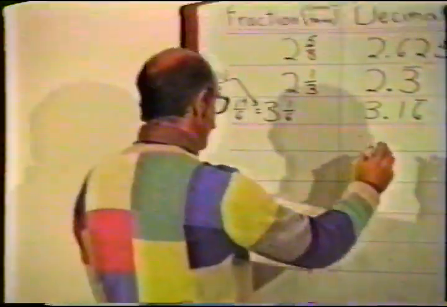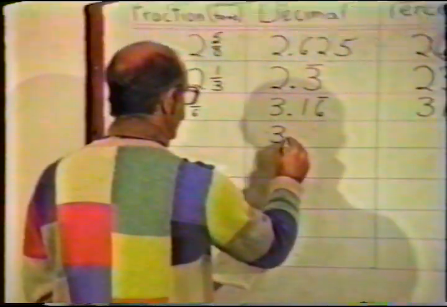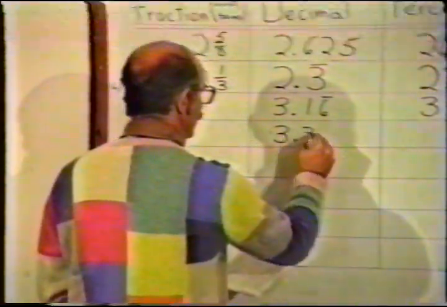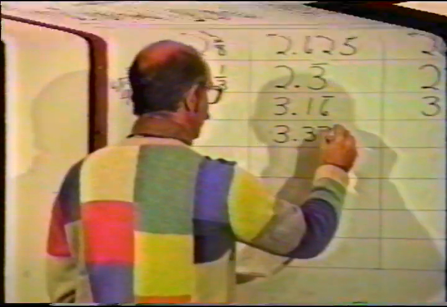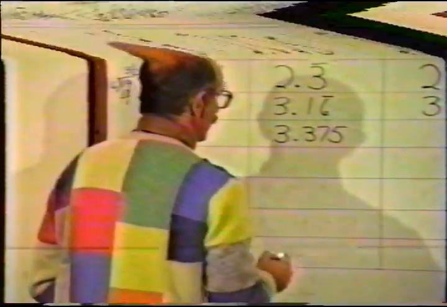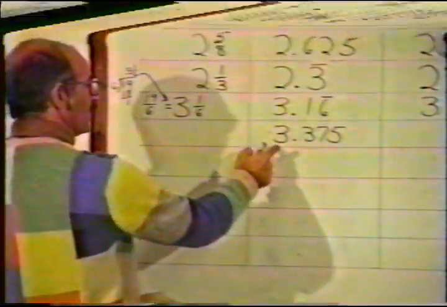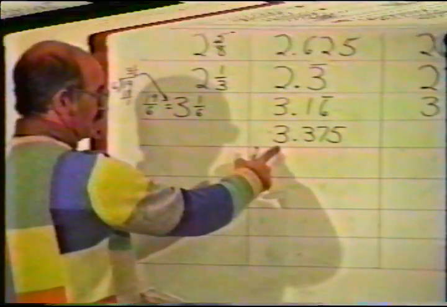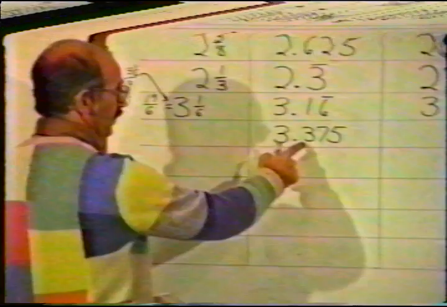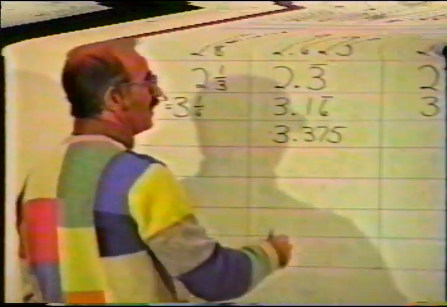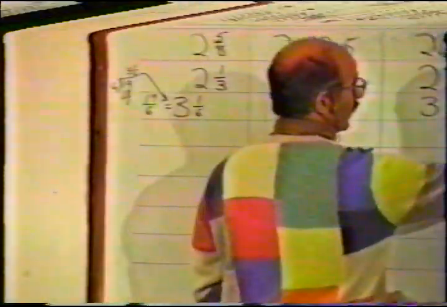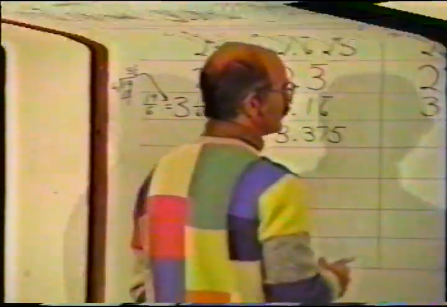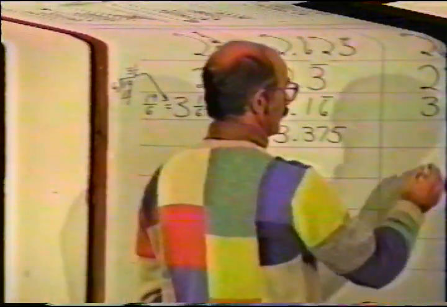Okay. How about this one? 3.375. The 3 is how much percent? 300%. And the 0.375 is how much percent? 37 and 1/2%.